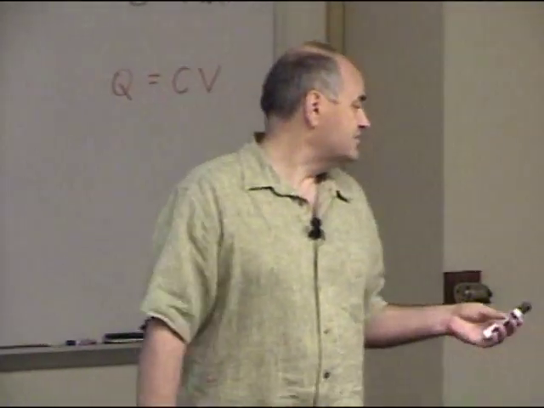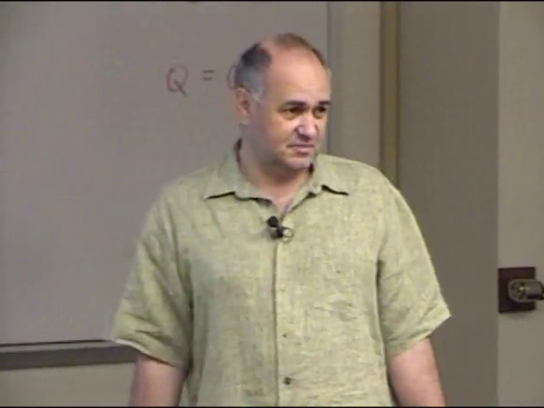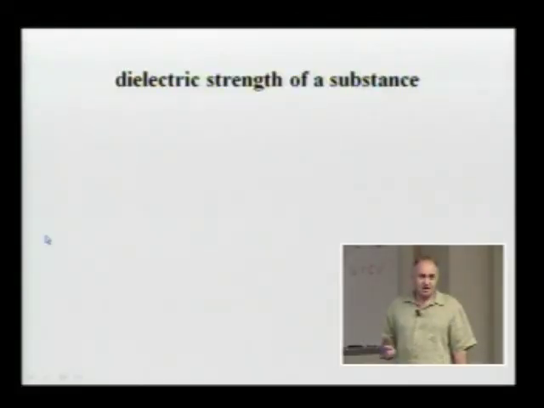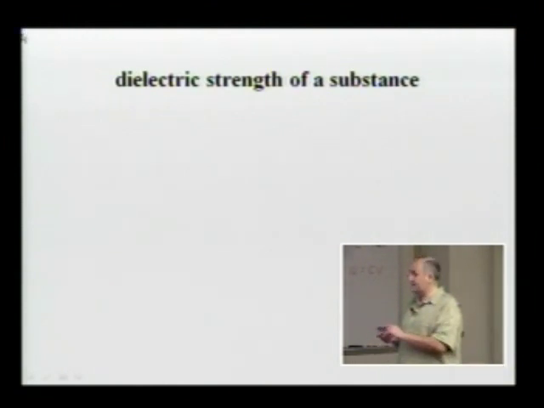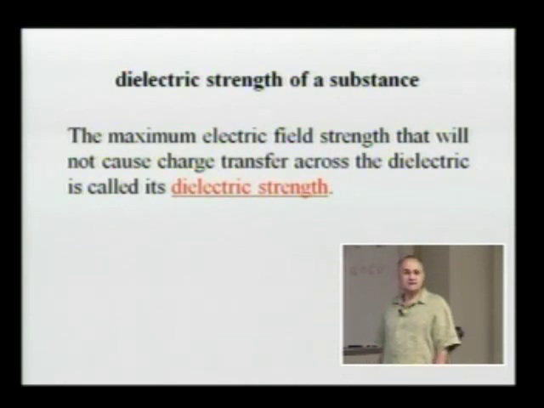Now, the maximum voltage depends on the dielectric which is between the plates, and more precisely it depends on the dielectric strength of that substance. The dielectric strength of a substance is the maximum electric field strength that will not cause a breakdown of the dielectric.